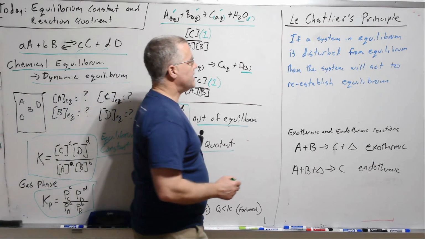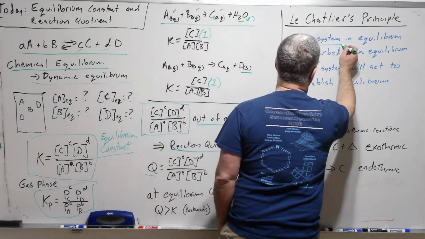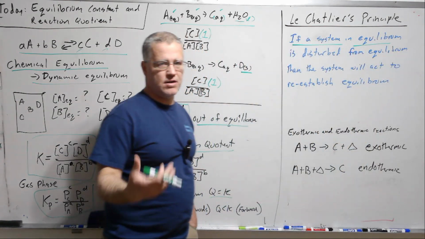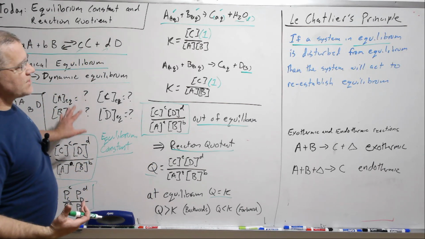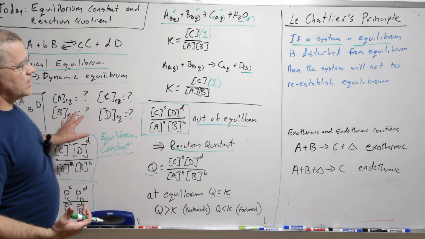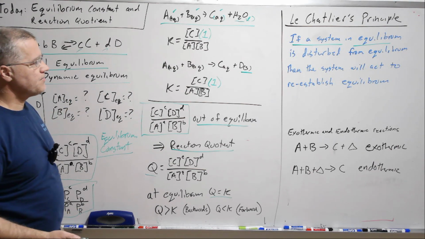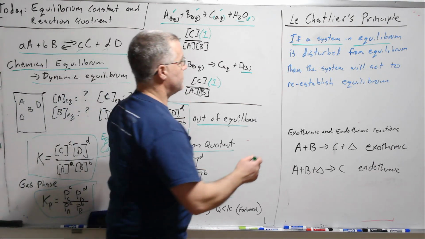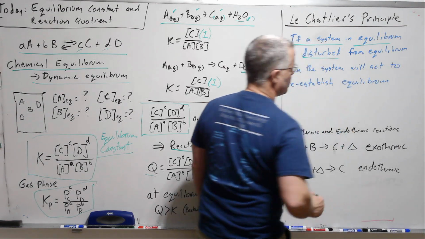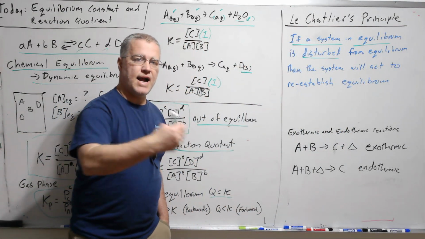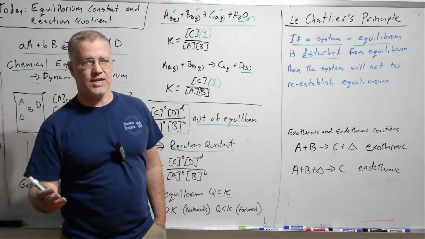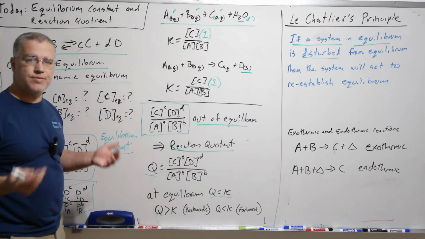And the idea here is if a system is in equilibrium, so we let our system come to equilibrium, we've got whatever amount of reactants and products are there that are supposed to be there for equilibrium, then we disturb that equilibrium. So what does that mean? We might pull out a little reactant, or we might add a little product, or we might change the temperature, or if it's a gas phase reaction, we might change the pressure.